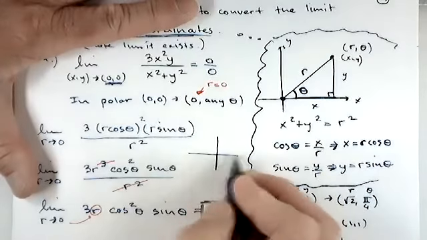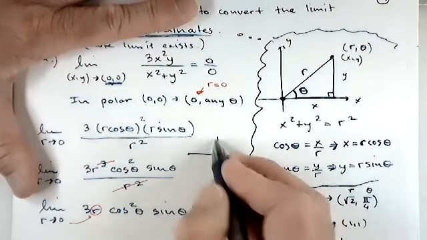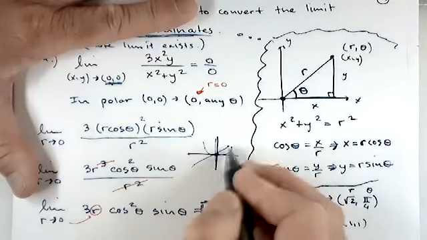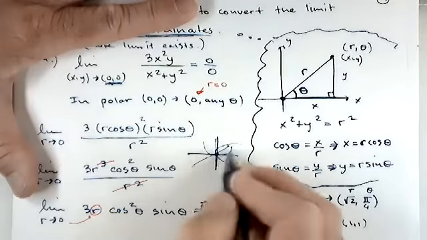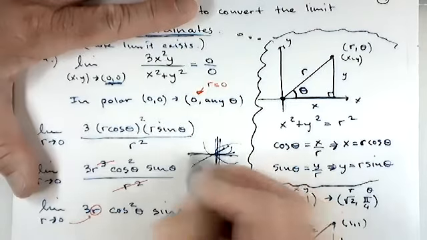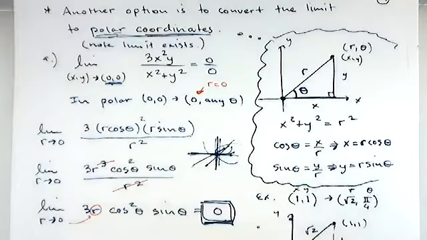If I had picked pathways, I approach here, here, here, parabola, sideways parabola. Guess what my answer would have been every single pathway I would have chosen? What would my answer have been? It would have been 0.